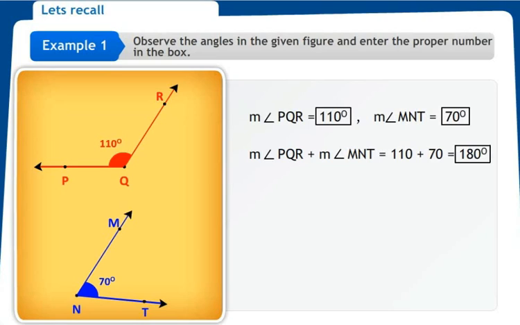Only when the measure is given we have to say measure of angle PQR. Since we are going to denote a pair of supplementary angles, we need not write the measure, we will just write angle PQR and angle MNT are a pair of supplementary angles. And why are they a pair of supplementary angles? Because the sum of the measures of these two angles is 180 degrees. I hope I am clear with the concept of supplementary angles.